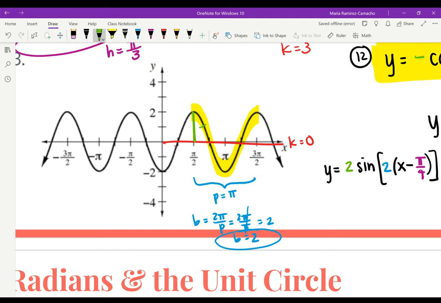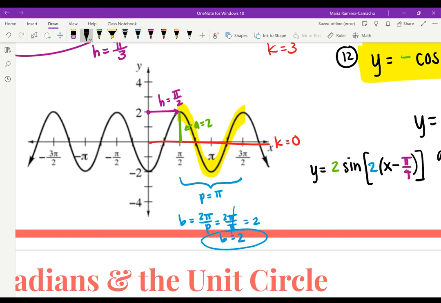Our amplitude is still just positive 2, but our horizontal shift is different. That horizontal shift is pi over 2. It's been shifted further to the right as compared to the sine wave. So that equation would be y equals 2 cosine 2 times x minus pi over 2.